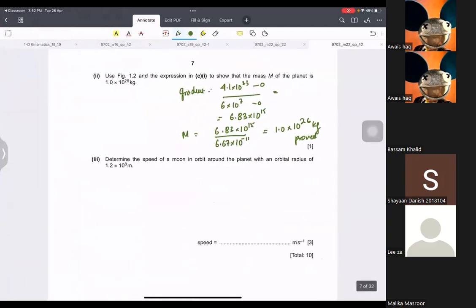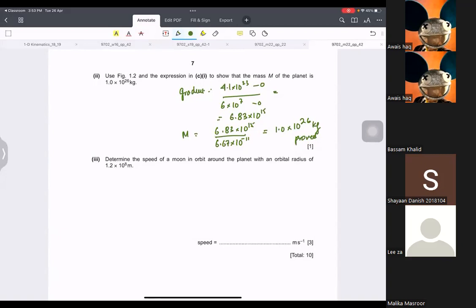Okay. Determine the speed of the moon in orbit around the planet with the actual radius of this. So we need speed.